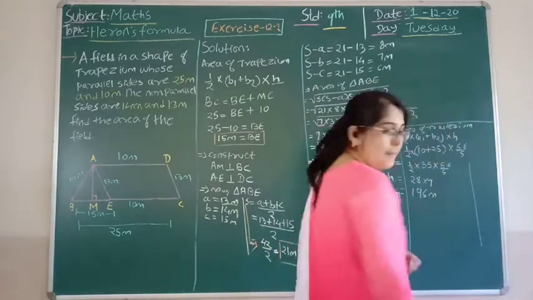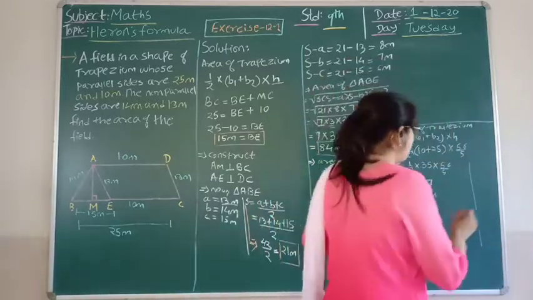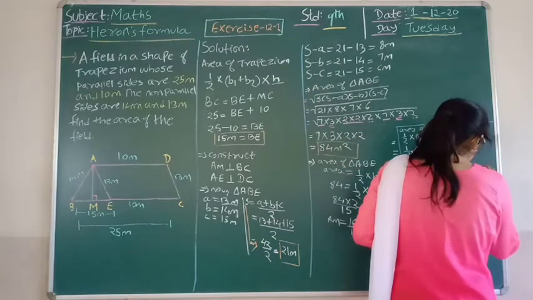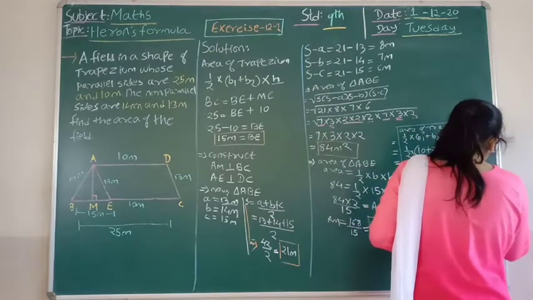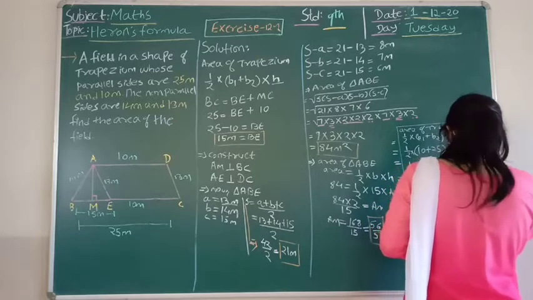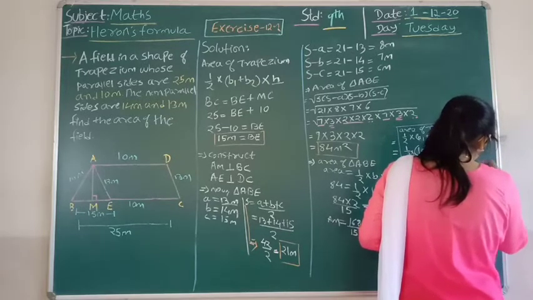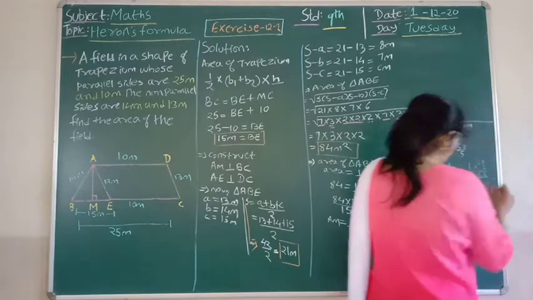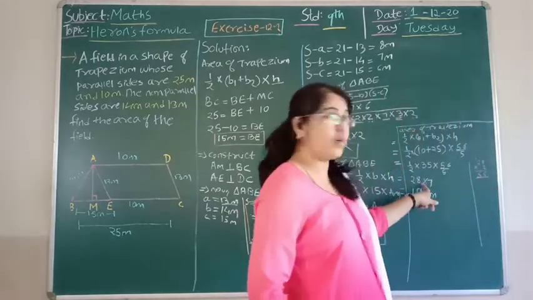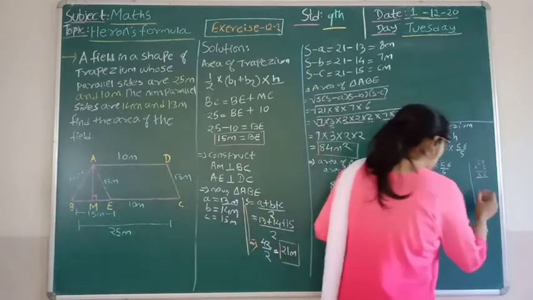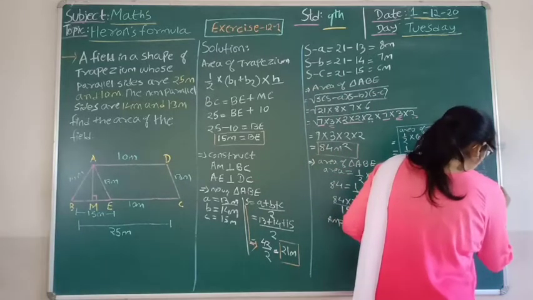I'll show you the division over here. 56 divided by 2 gives 28. At the same time, 7 into 5 is equal to 35.